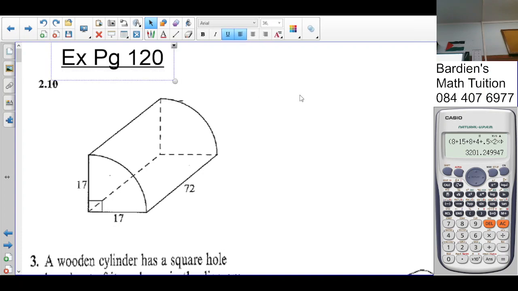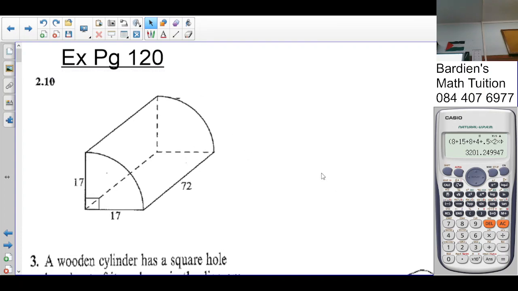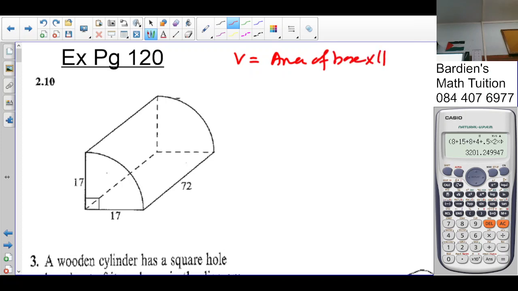Right, we are on exercise number 2.10, correct? Yes. Okay. The question says calculate the volume. How do you calculate volume? Area of base times height. So what type of shape is your base here? Quarter of a circle. How do you calculate the area of a circle? Pi r squared. But it's a quarter of it, not so?